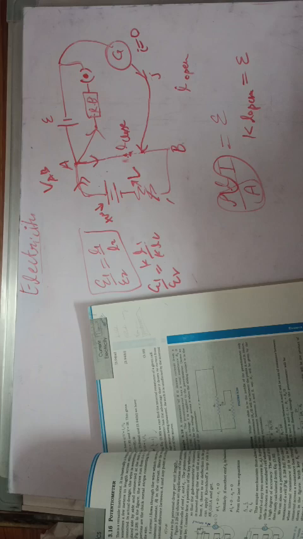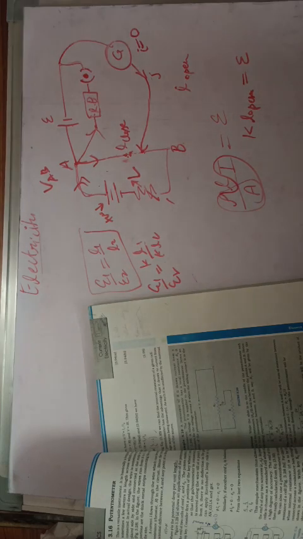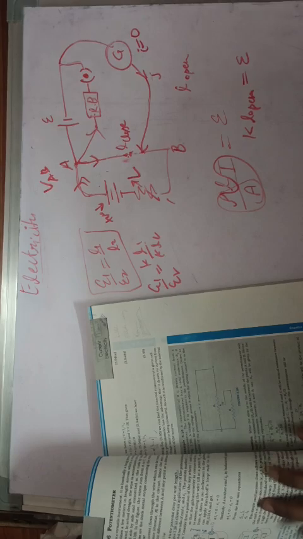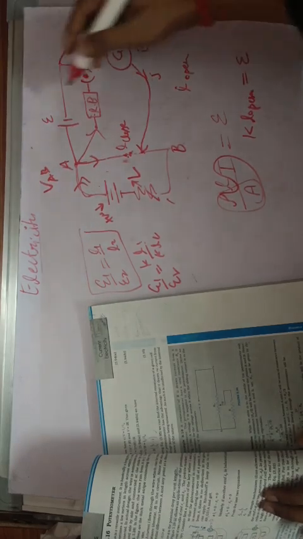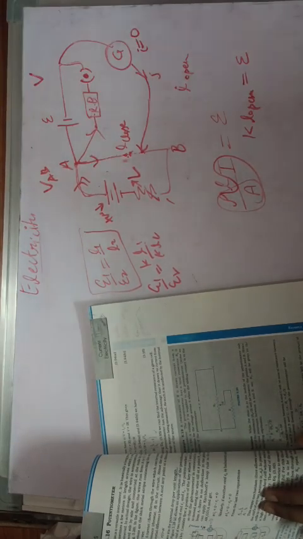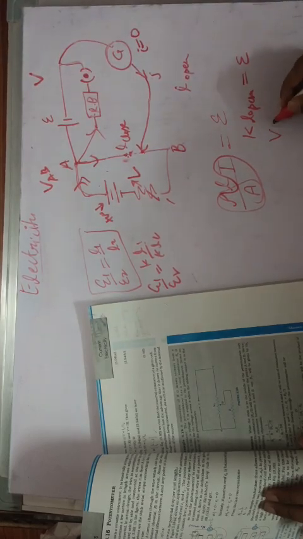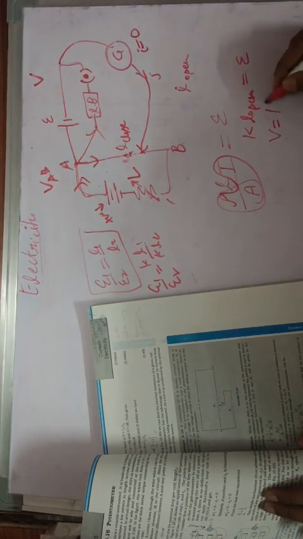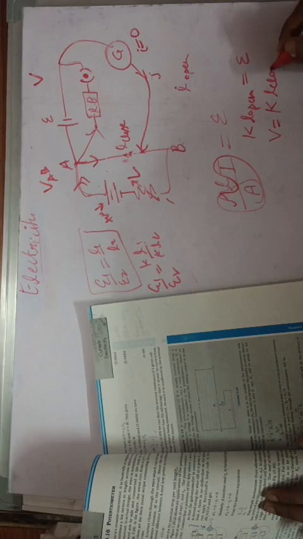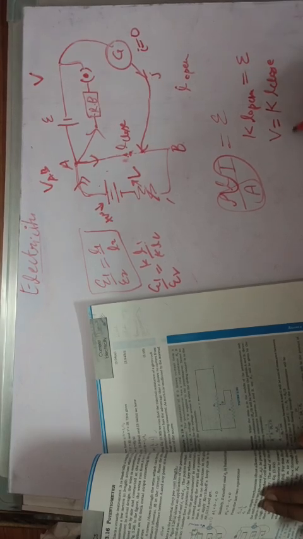So in this case, there is some potential V across it, and this V across it is equal to K times L close. That's it. The potential difference across the cell.